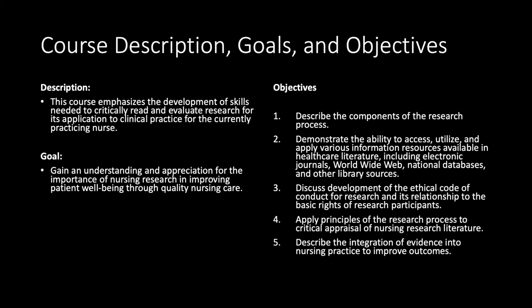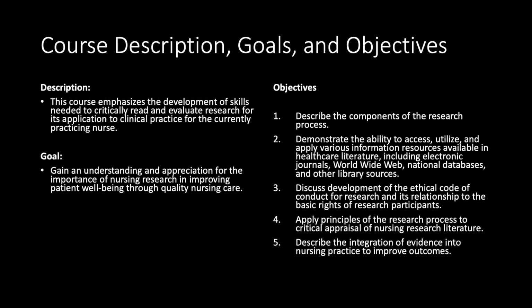You should be able to describe the components of the research process, demonstrate the ability to assess, utilize, and apply various information resources available in healthcare literature, including electronic journals, the World Wide Web, national databases, and other library resources.